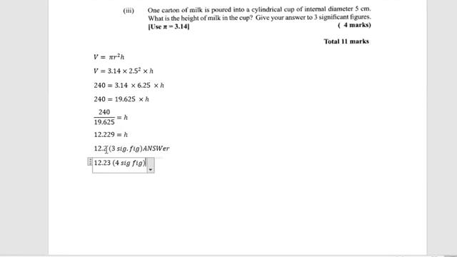Thank you very much. If I only wanted 1 significant figure, writing it to 1 significant figure would have been 10. The thing is, in this case, each number that is before the decimal point needs to maintain its base value.